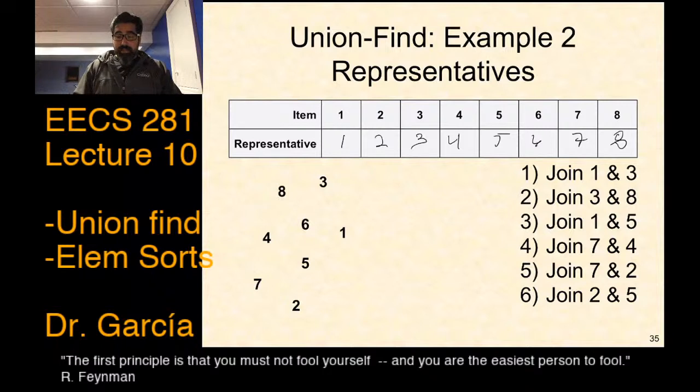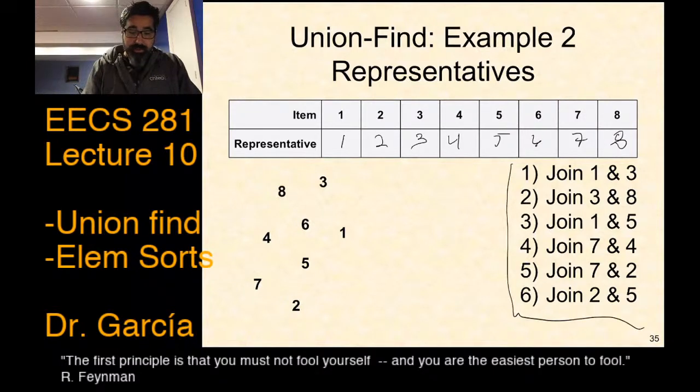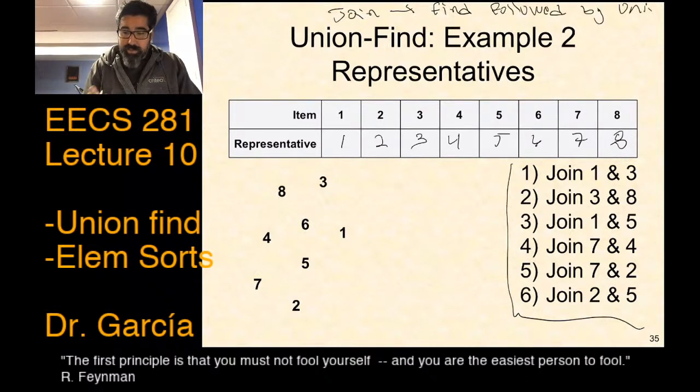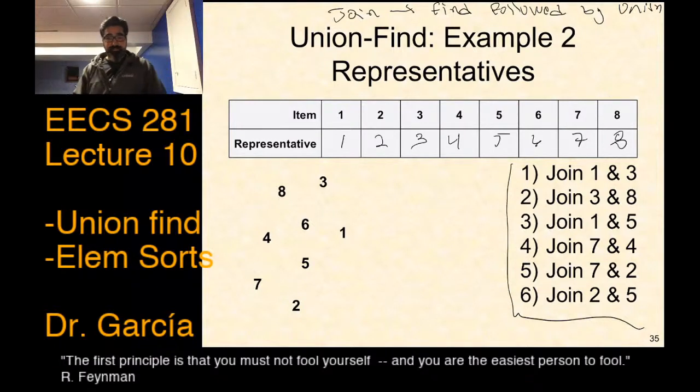All right, so now let's go over a bunch of operations on the right-hand side of the slide here. Join here, and I'm going to note it up here, means that I'm doing first a find followed by a union. That's what we mean by join here, and I apologize for the handwriting.